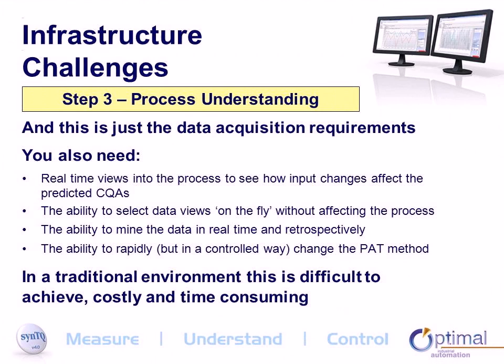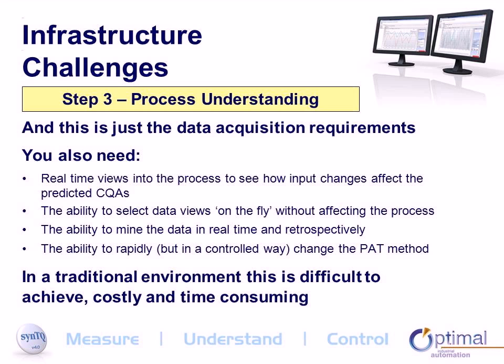And also, in addition to all these data acquisition requirements, you also need real-time views into the process to see how input changes affect the predicted CQAs. That's critical quality attributes. You need the ability to select data views on the fly without affecting the process, because very often you need to do investigations in real time.